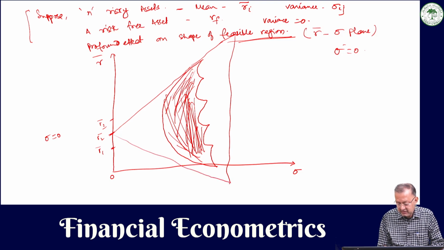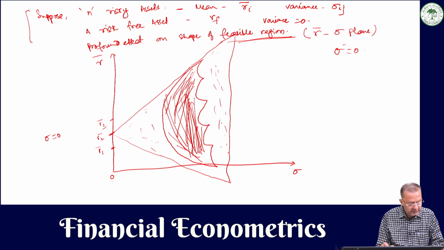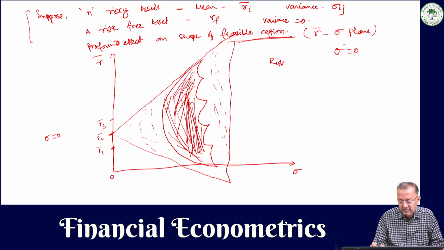Or you might get a triangle like this, the light shaded triangle, which will give you a triangular shape feasible region. Along this line sigma is equal to 0.